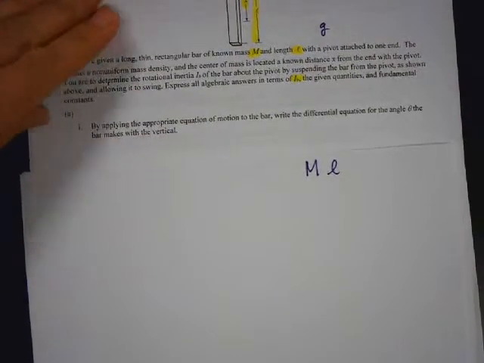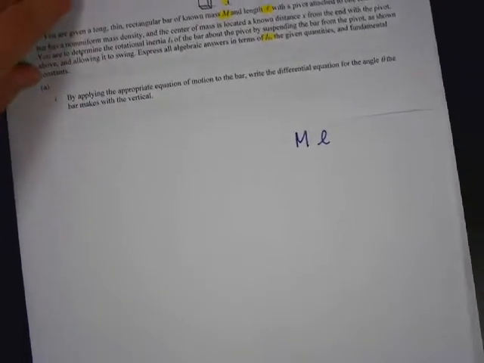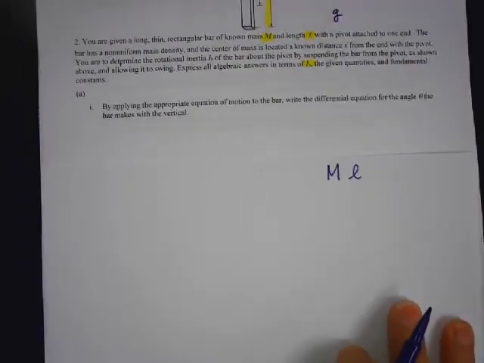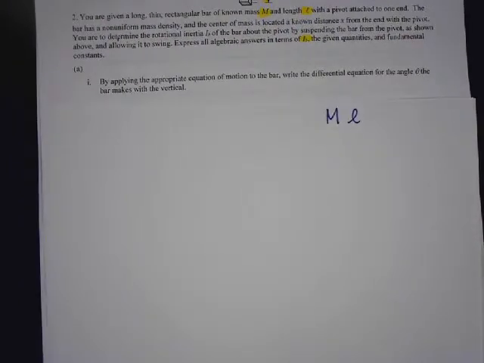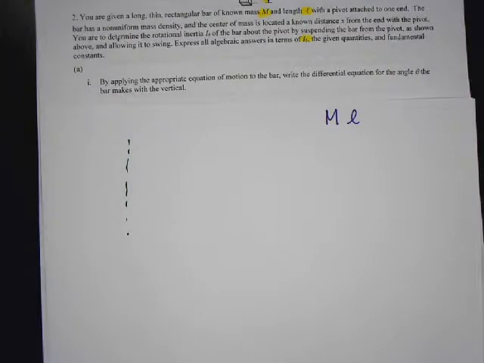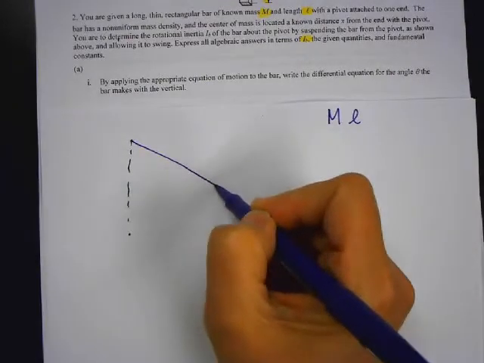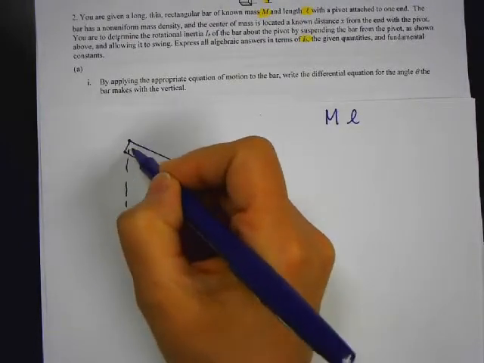Now it says, by applying the appropriate equation of motion to the bar, write the differential equation for the angle theta the bar makes with the vertical. So what I would do personally is conceptualize the picture. Now my bar is moving up. Here's where the bar started, that's going to be my frame of reference, and now the bar is going to shift like this.